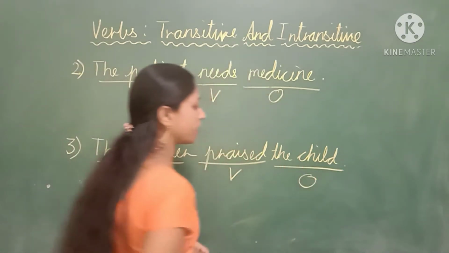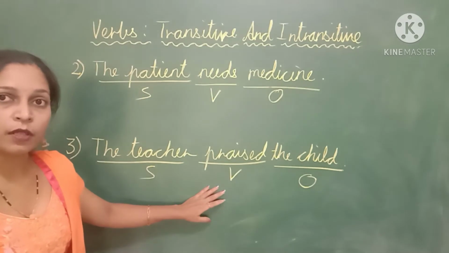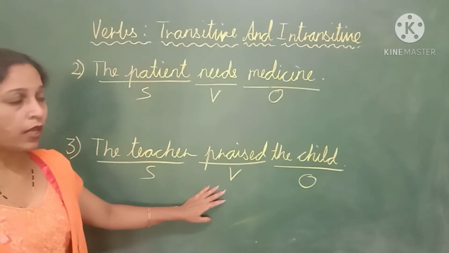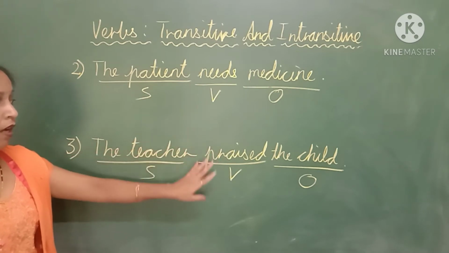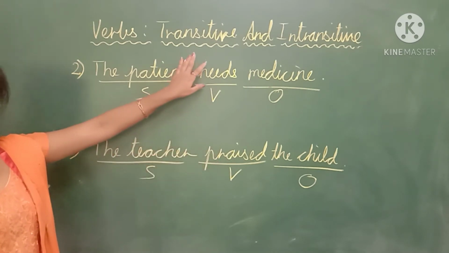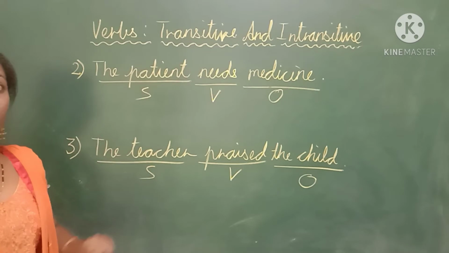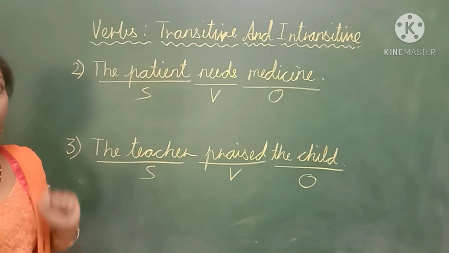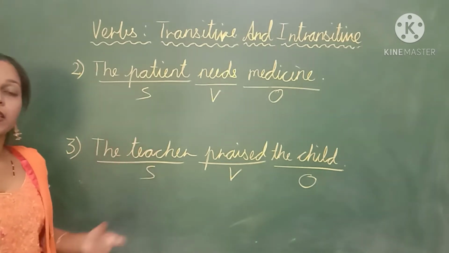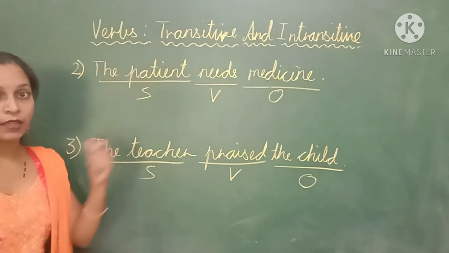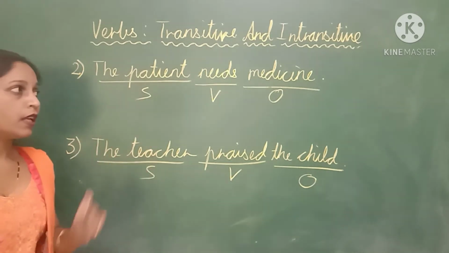So the child is the object of the verb praised. So here we find needs, praised. These verbs are transitive verbs. We have to just keep a simple formula in mind that I will tell you a little later. We will see some more examples after this and then I will tell you how to identify easily.